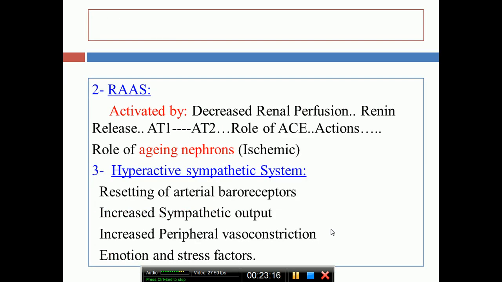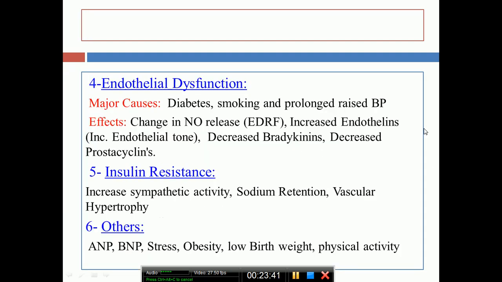Then there is RAS. RAS stands for renin-angiotensin-aldosterone system. This is activated by decreased renal perfusion. Renin is released. Renin will cause angiotensin 2, which is a potent vasoconstrictor. Then hyperactive sympathetic system, we have discussed it already. Then endothelial dysfunction.